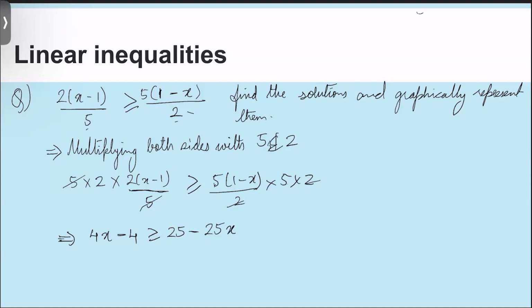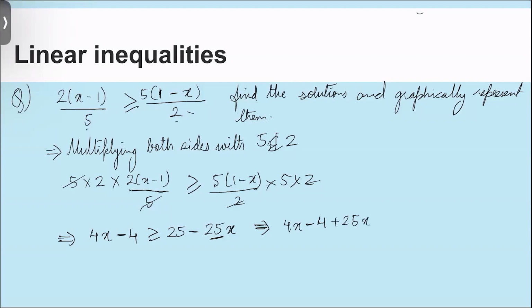Now, to further simplify, we can get all the variables on one side. If we try to do that, you can add 25x on both sides, so that we can remove the x variable from the right hand side of the inequality.